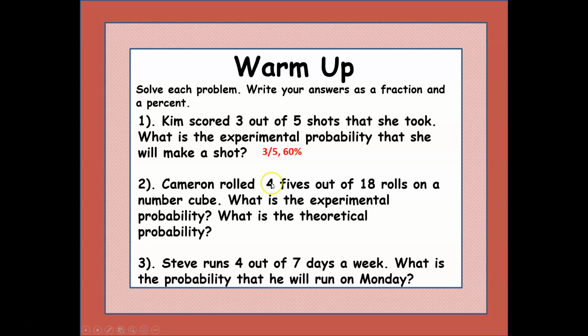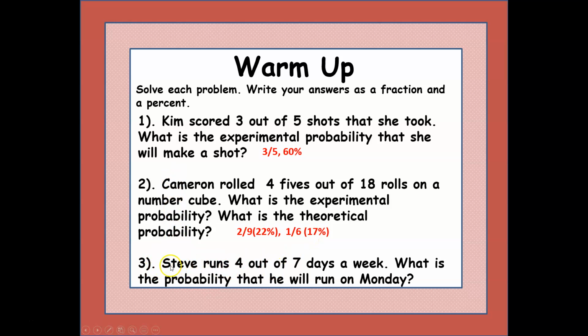So our experimental probability would be 4 out of 18, and our theoretical, we're working with a number cube, so there's 1 5 on a number cube out of 6 sides. So our experimental would be 4/18 or 2/9, which is 22%. And our theoretical is 1/6, which is 17%.